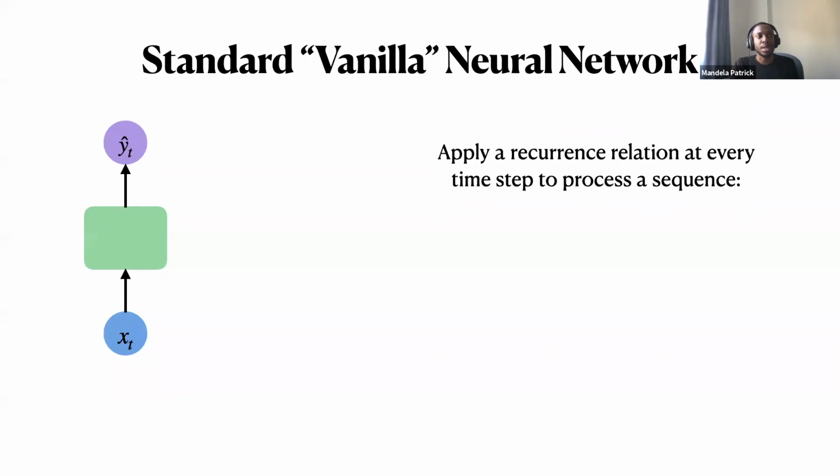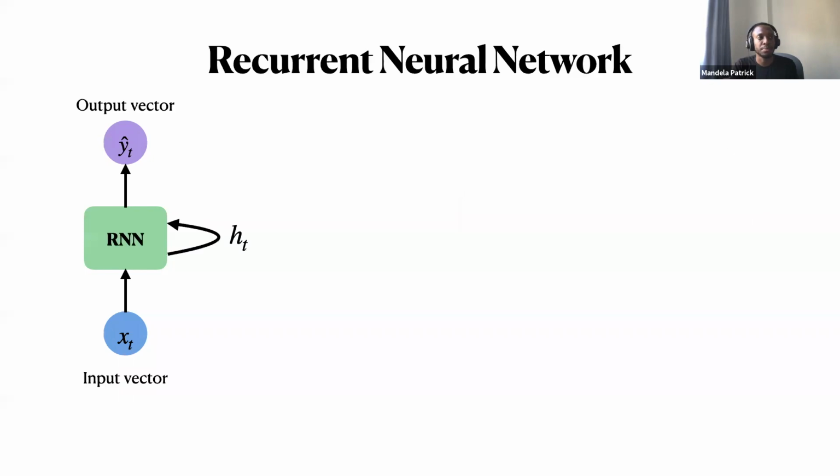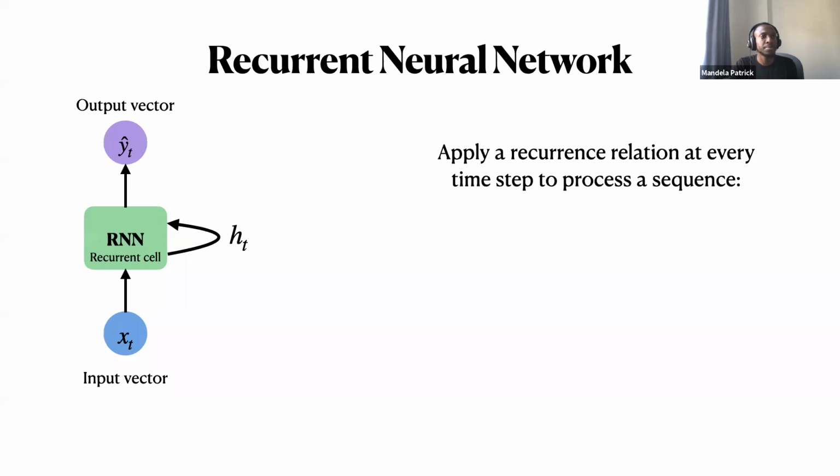So in the standard vanilla neural network, which we looked at yesterday, as I said, we get some input X and we map it to some output Y. With a recurrent neural network, we have what we call a hidden state, which we update each time step, and we use these same parameters for each step of the sequence.